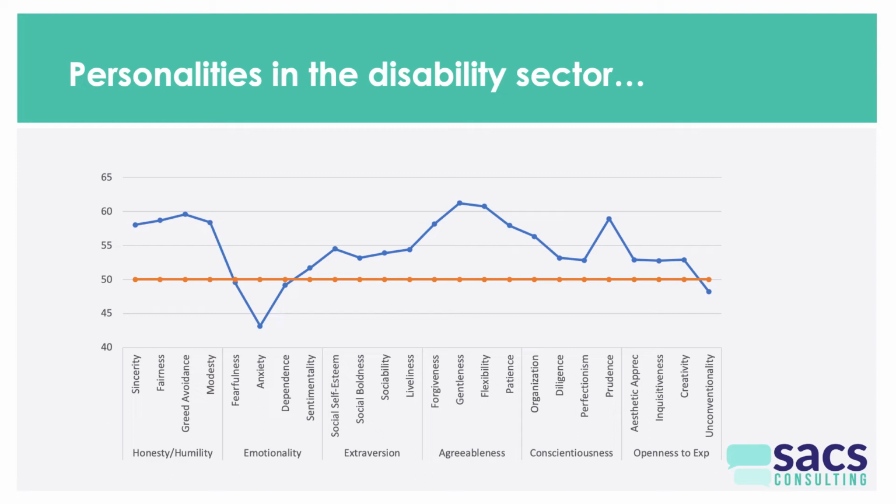Mind you, that's a good idea anyway, because people who are low in honesty, humility go to jail more often than people who are high in honesty, humility. Agreeableness. Recruit people who are agreeable and easy to get along with. And in fact, if you look at this profile overall, it suggests that people are kind of people-orientated people. They're kind, honest, people-orientated people, which again is great news for the disability sector.